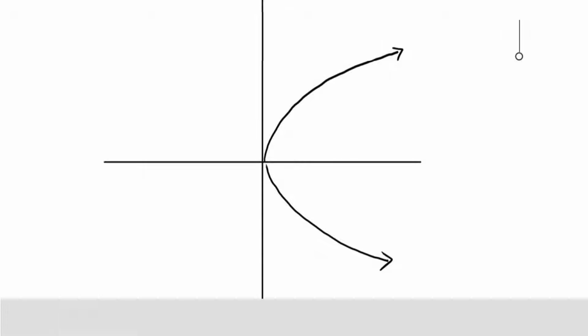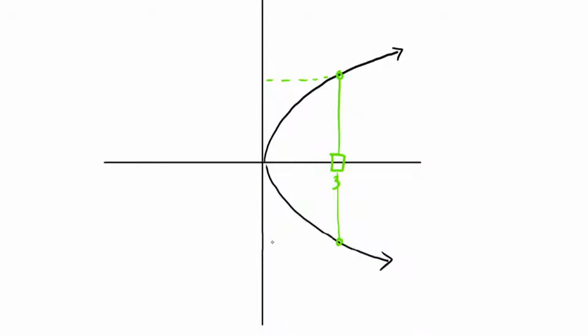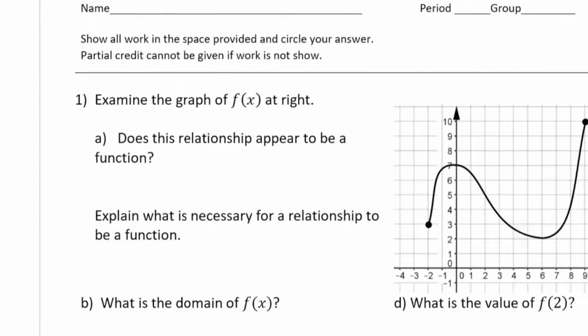If I was to give x a value, let's say this is 3, you can see that there's one possible y value here, and there's another possible y value here. So we would say that this is not a function because that particular x input has two different outputs. A relationship is a function if for each x there is at most one y.